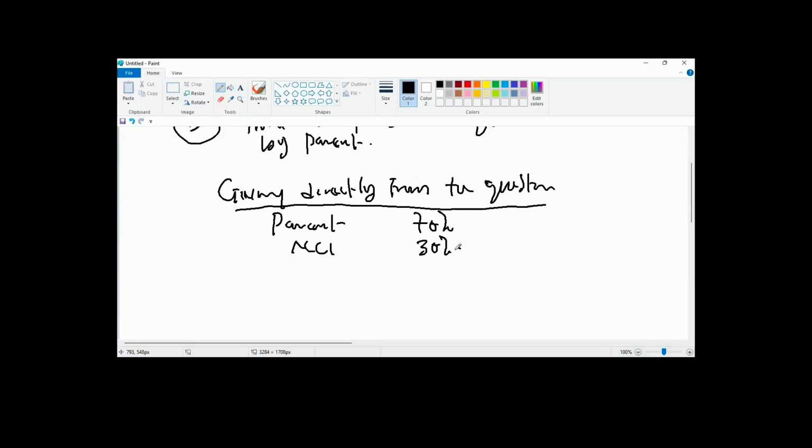Good. But I want to know the number of shares that make the 70%. I will say total numbers of shares in subsidiary equals values of the shares over nominal value. What is the value of shares? 1,000, divided by the nominal value of 1 naira. When it is not given, we assume it is 1 naira.